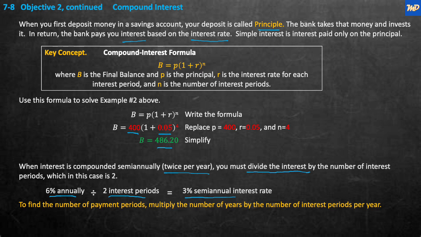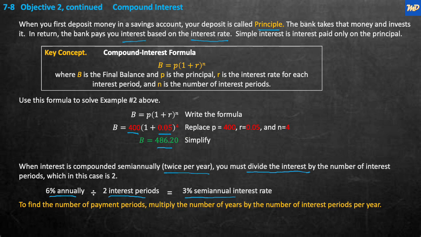So if it's twice a year for 30 years, you're going to get 60. To find the number of payment periods, multiply the number of years by the number of interest periods per year.